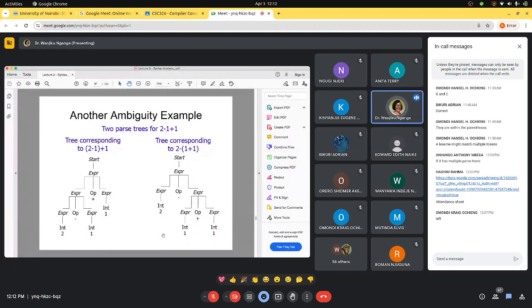So you've seen where operator precedence is not enforced, and also where we don't enforce operator associativity, so that we eliminate ambiguity. So in this case, if I was to ask you which one should be the correct one? The first tree is the correct one.